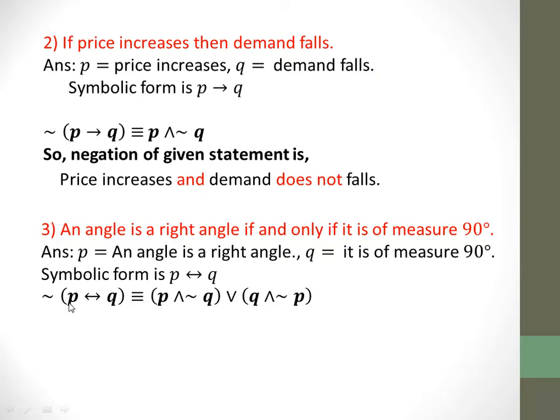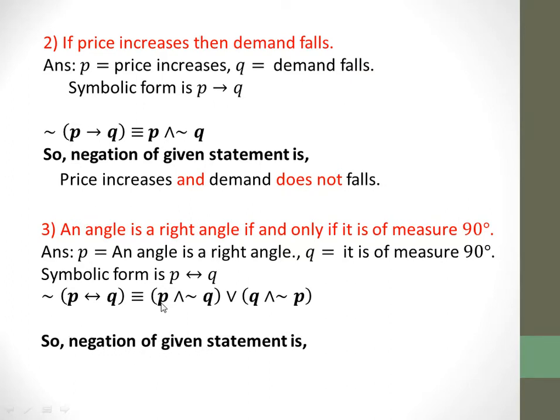Negation of P double implies Q is equivalent to, first in the first bracket, P and negation Q, or Q and negation P. We have to use this rule carefully to write the negation of the given statement.